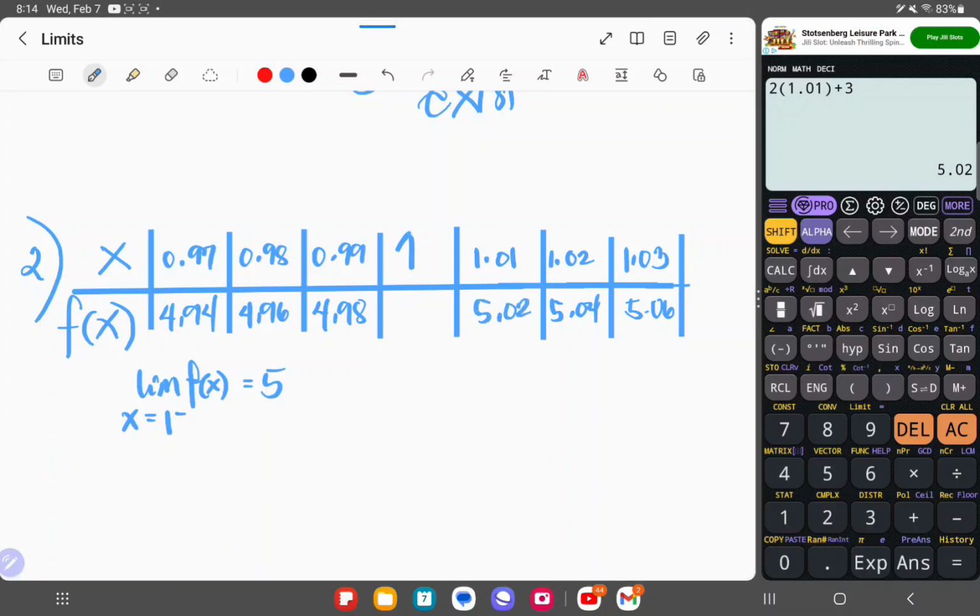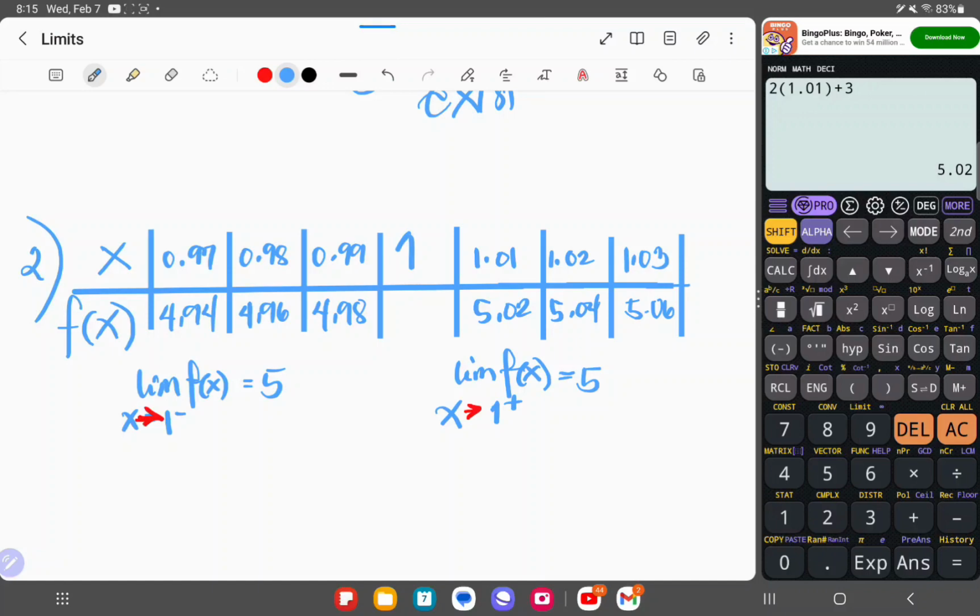As we can see here, our f of x as x approaches 1 is approaching 5 also. So we could say that the limit of the given function f of x as x approaches 1 from a positive direction or from the right side is equal to 5.